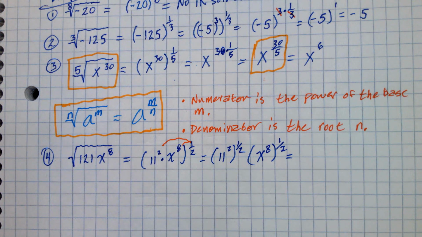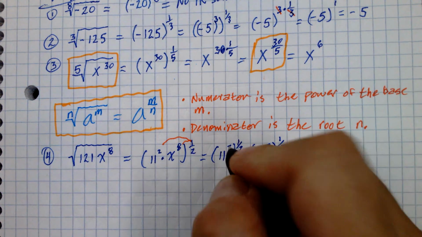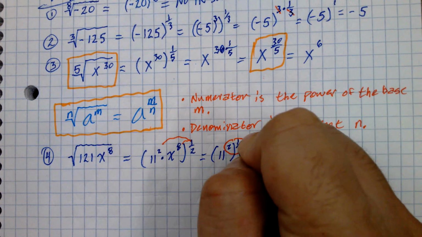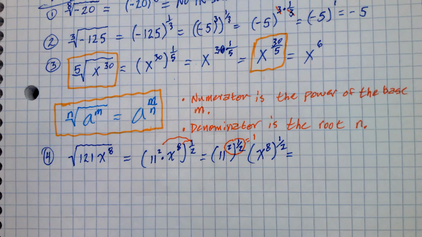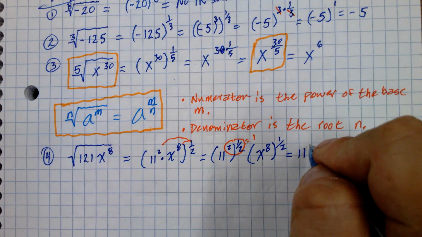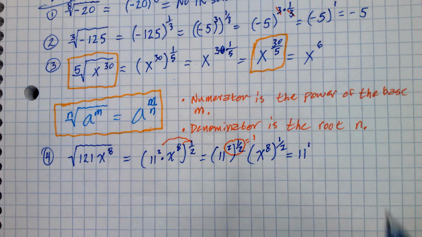Okay, so this becomes this. All I did was share that 1/2 power. So what's 11 squared times 1/2? What's 2 times 1/2? 1. So this really becomes 11 to the 1. I'll write that temporarily.